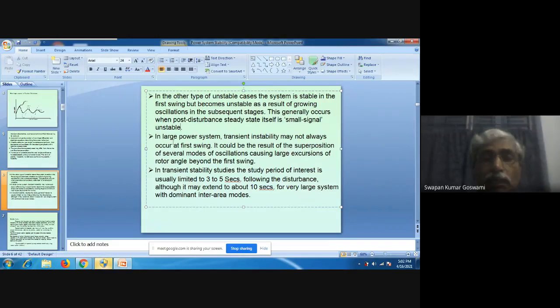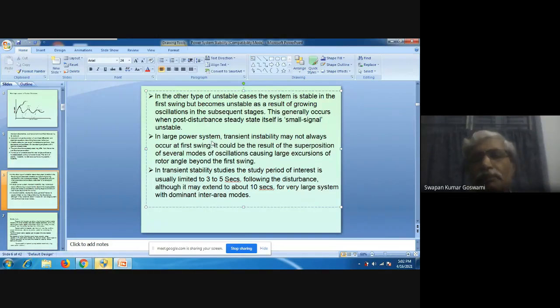Okay, so in a large power system, transient instability may not always occur at the first swing. Nowadays power systems are actually vast. Okay, there are many power stations, and if a fault occurs, then the impact of the fault on the generators will depend upon the location of the fault.